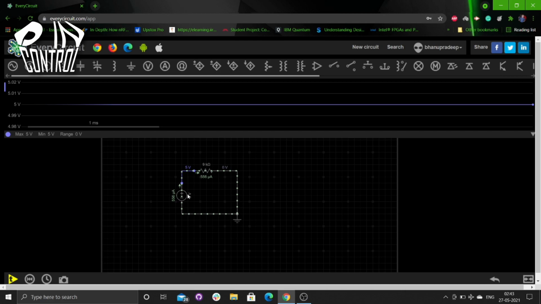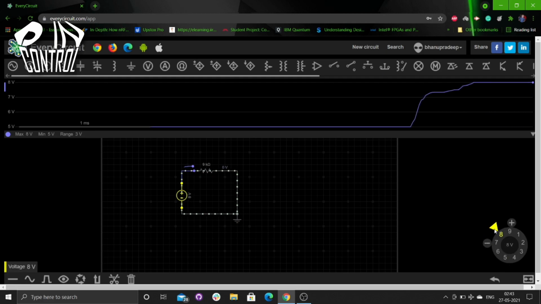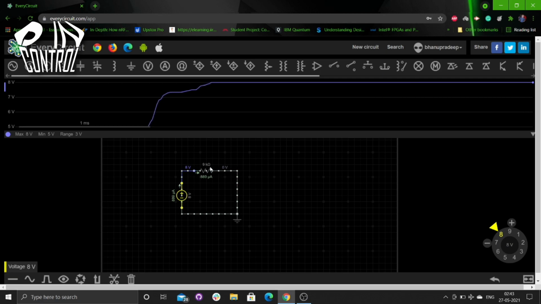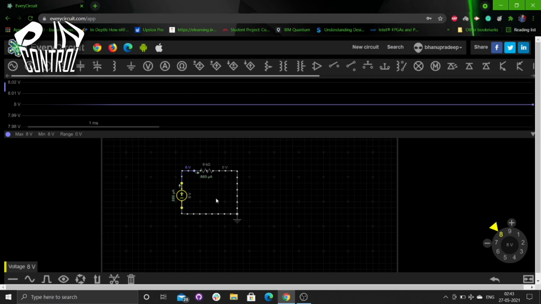We will see another example by giving the input voltage as 6 volts, 7 or 8. Now I will give the input voltage as 8 volts. When I give the input voltage 8 volts and the resistance is 9 kilo ohms, by using Ohm's law, just calculate it. V equals 8, R equals 9. What is I?